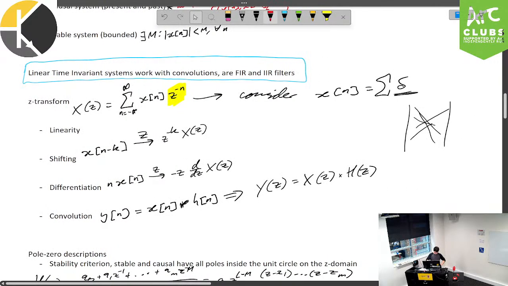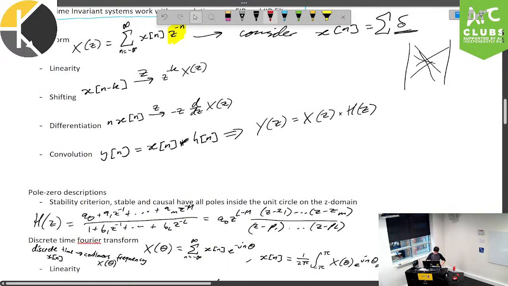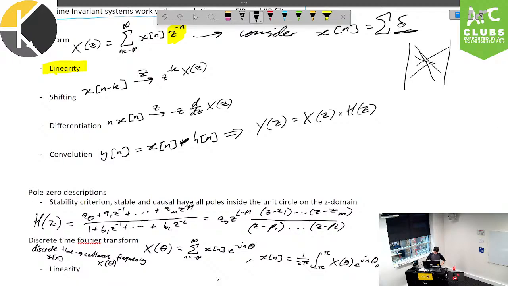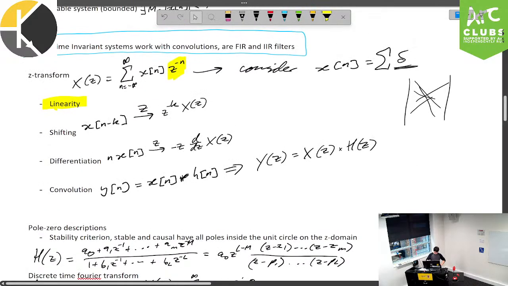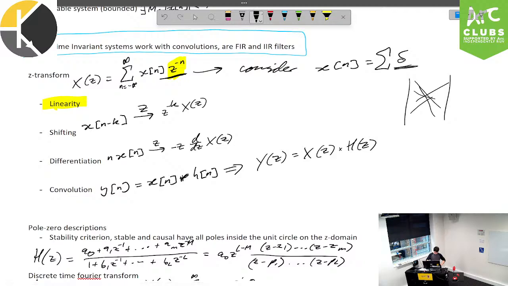Anyways, apart from that, we have linearity once again. We're not going to show you the rule, as we just said. It's the same for everything that uses that word. We have shifting within the Z domain, where it is just applying a delay to your certain values. We have differentiation, and we have convolution. An important note is that across pretty much all of our systems, convolution always maps to a multiplication within a greater domain.